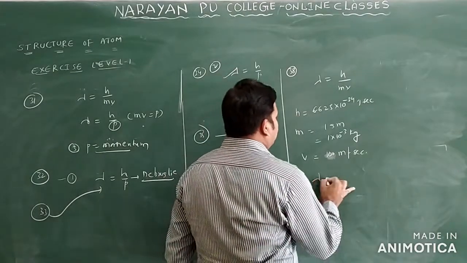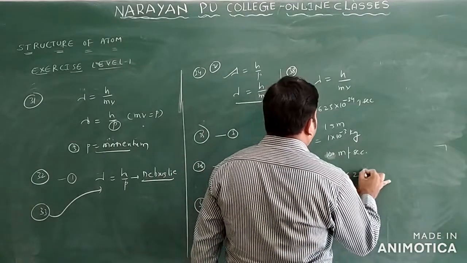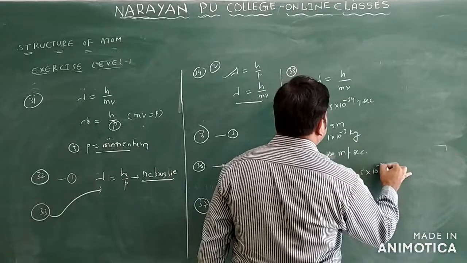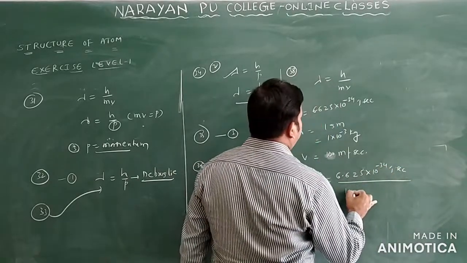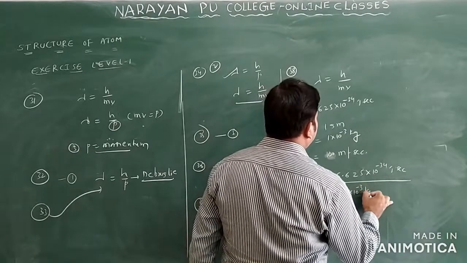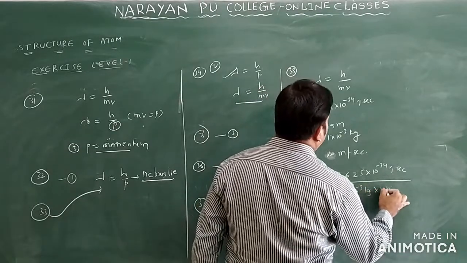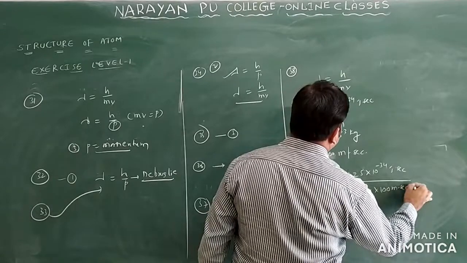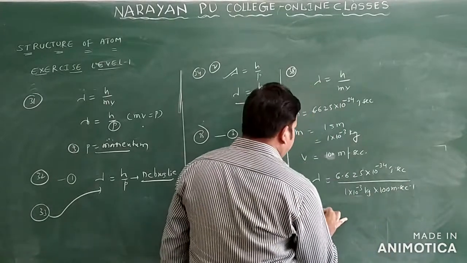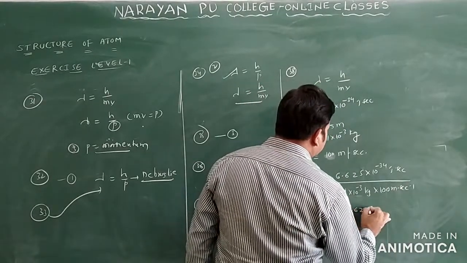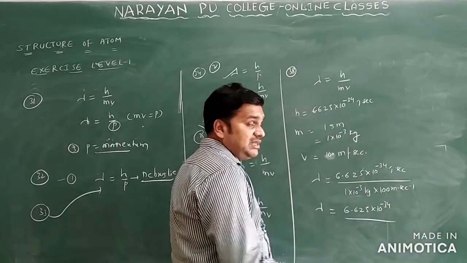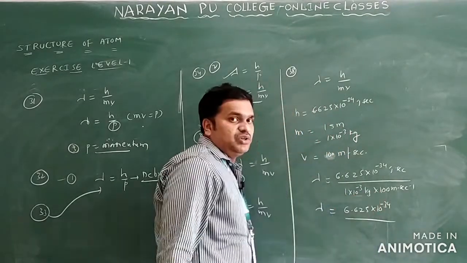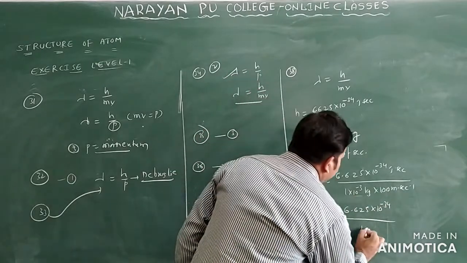Lambda is equal to 6.625 into 10 power minus 34 joule second by 1 into 10 power minus 3 kilograms into 100 meter second inverse only. So you can see the values here, 6.625 into 10 power minus 34 by, can I write this as 10 square? 10 square into 10 power minus 3, what do I get? 10 power minus 1 only.